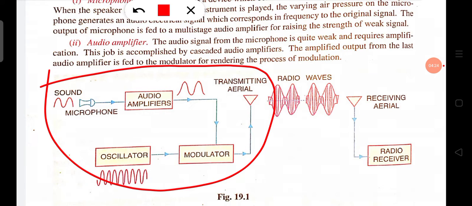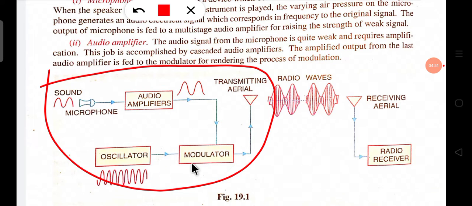In previous classes we have already seen the function of the audio amplifier. It raises the power or strength of the audio signal. It amplifies the low signal it receives and gives a high strength signal. Then the high strength signal goes to the modulator.